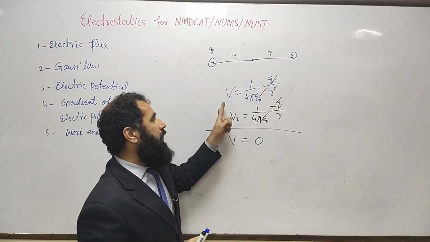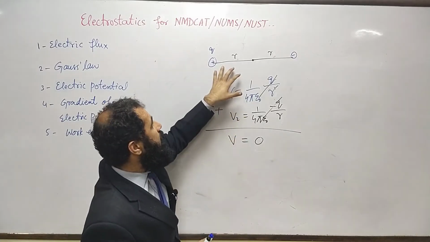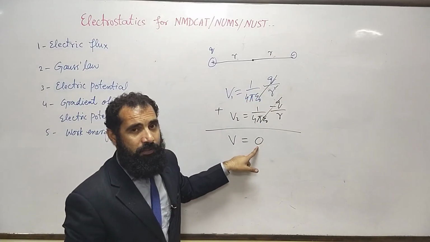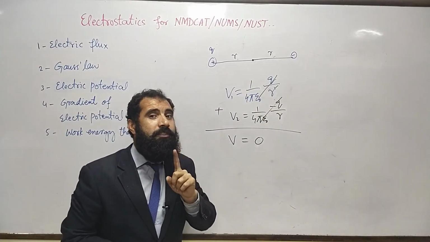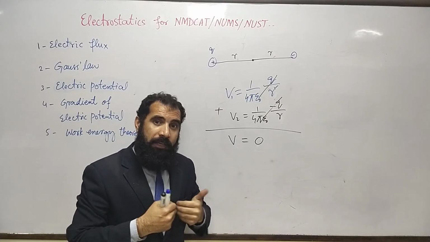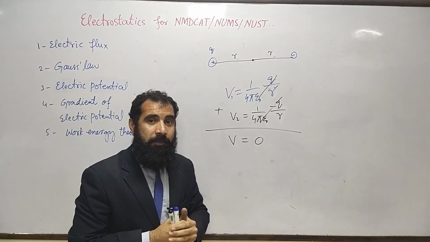Why 0? Because we have an algebraic sum. This is some positive potential, this is negative potential, add and we get 0. Remember, dear students, potentials are not vectors, but whenever we add them, they are added algebraically. Why algebraically?